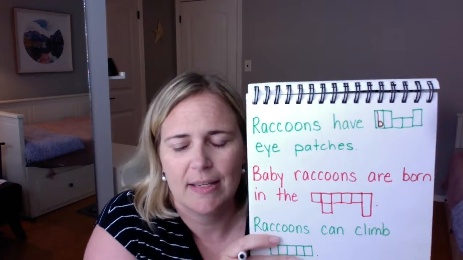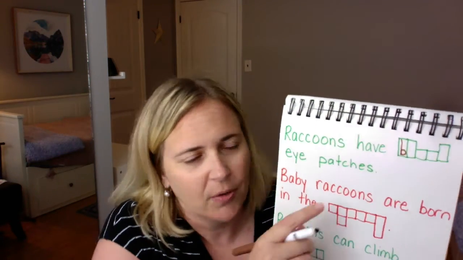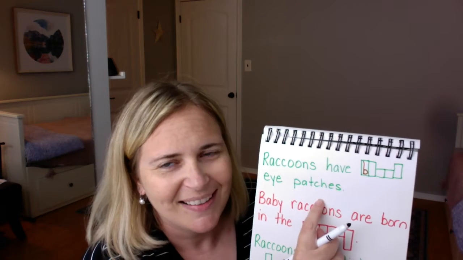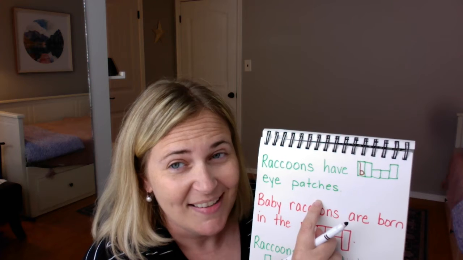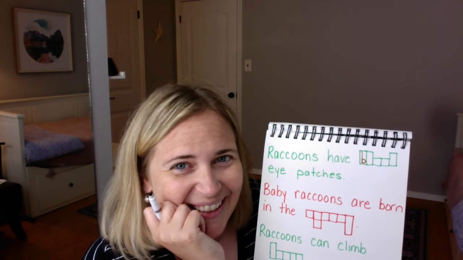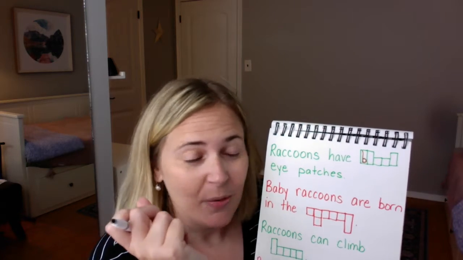So I'm going to write the first letter for you, and let's see if you can guess it. The first letter is a B, and a B is a tall letter. Raccoons have B eye patches. Do you know what it is? It's a color word. What color are their eye patches? They're black, and the book taught us that.